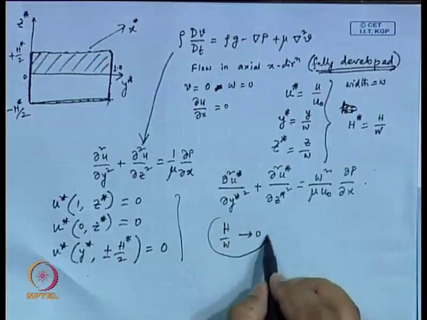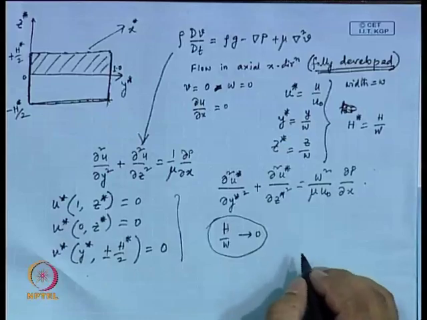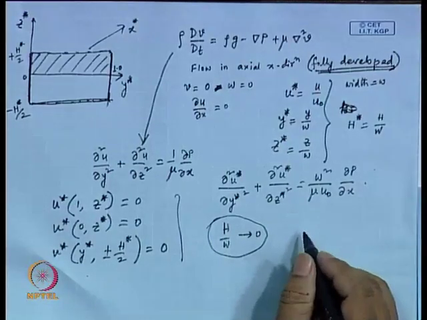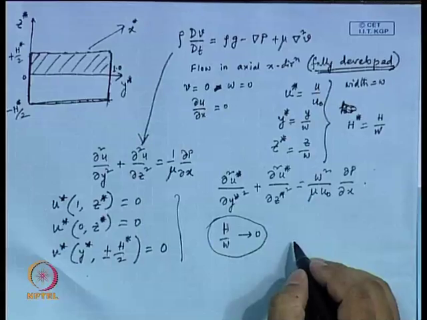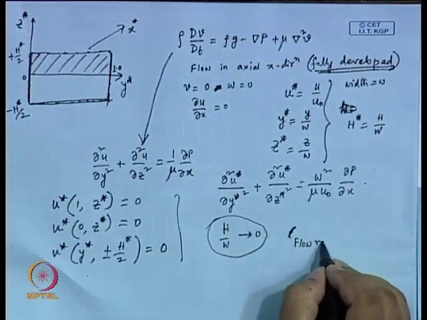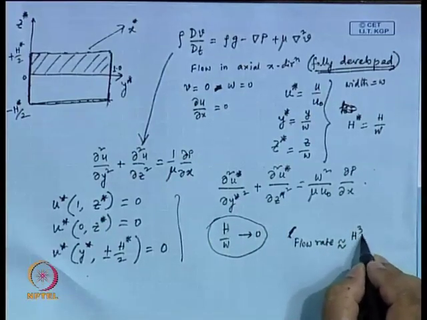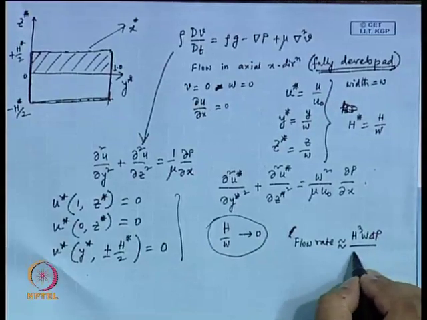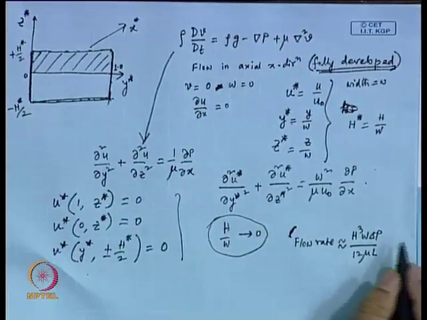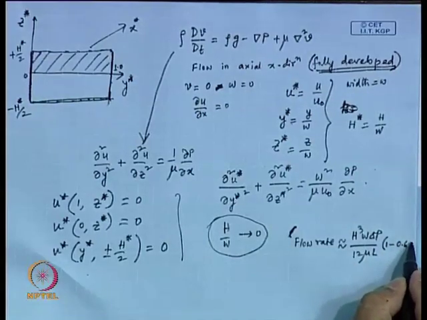If this is a condition that prevails as far as the channel dimensions are concerned, then you can write the average flow rate as given approximately by H cube W delta P by 12 mu L times 1 minus 0.6 H by W.